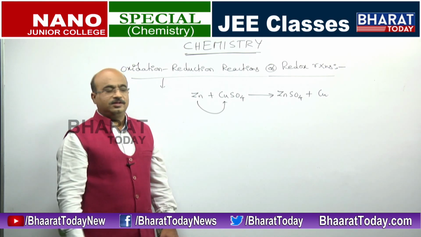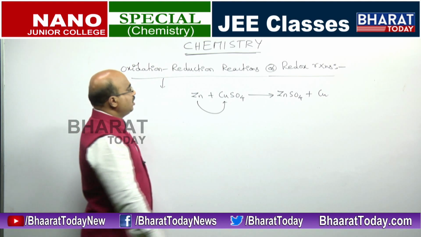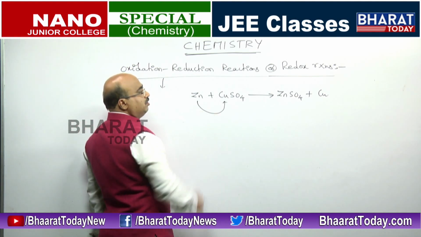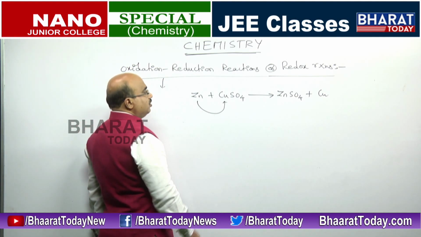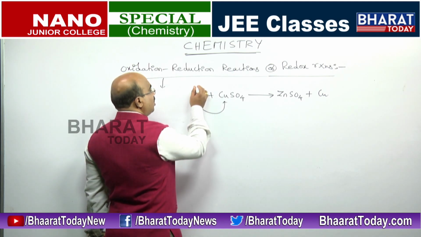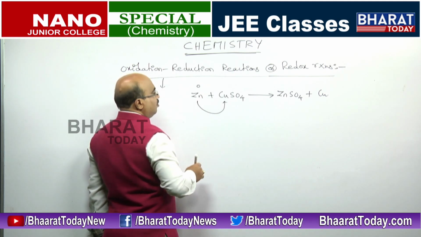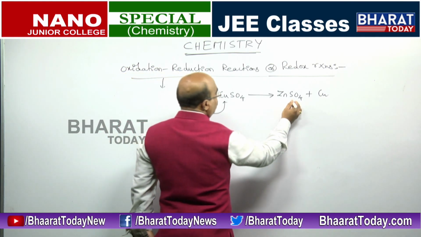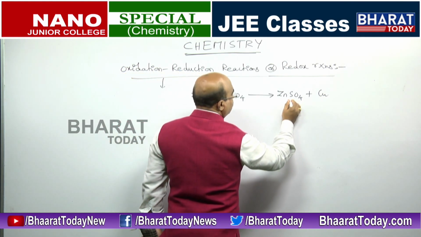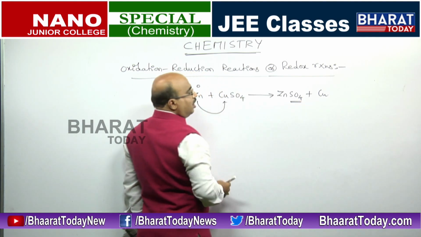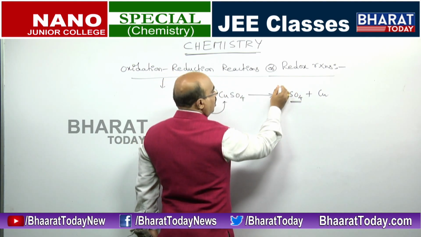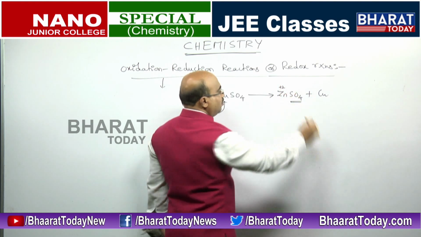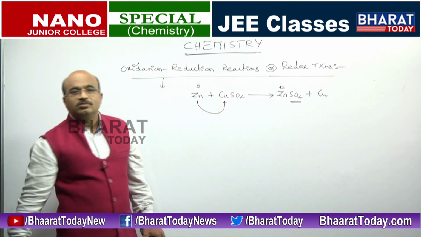Getting it? But this reaction can also be taken as a redox reaction. On the zinc we have 0 charge, but this is sulfate, so the total charge on SO4 is -2, and the charge on the zinc has to be +2 because the total has to be 0.